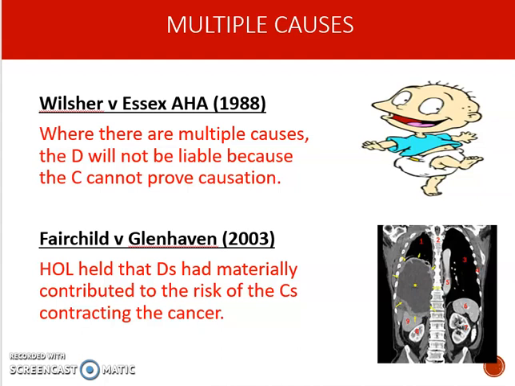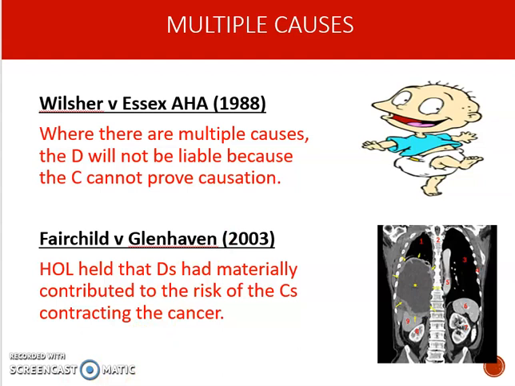And because the claimant couldn't prove which cause actually caused the blindness, he was unable to prove causation. So that gave us the principle there that where there are multiple causes, a defendant might escape liability in negligence because the claimant simply cannot prove he was the factual cause.